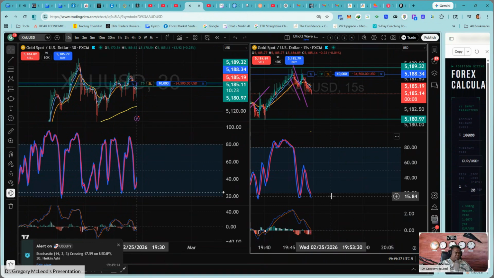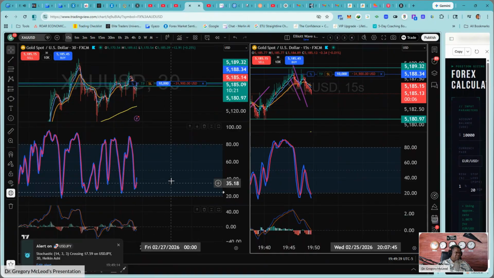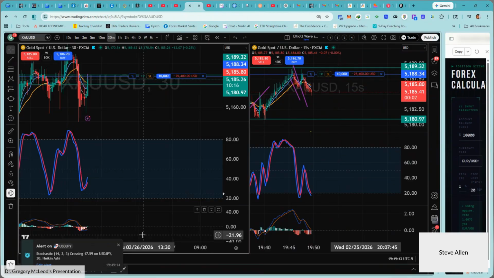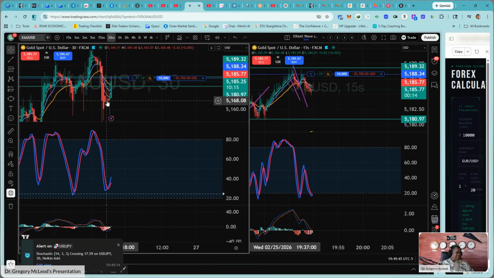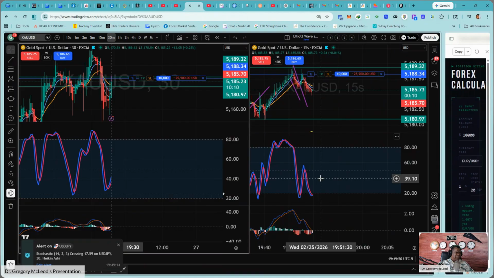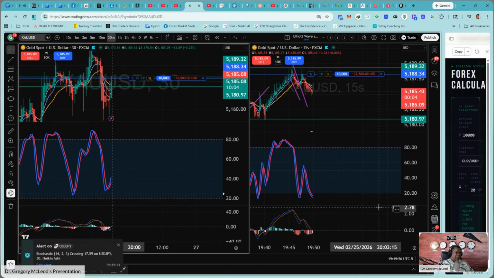So we got this upturn on the. I mean, that thing is a solid turn though. Yeah, lower low in price. Stochastics made a higher low.